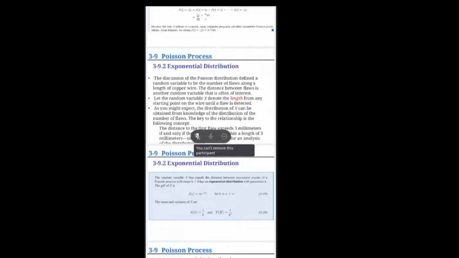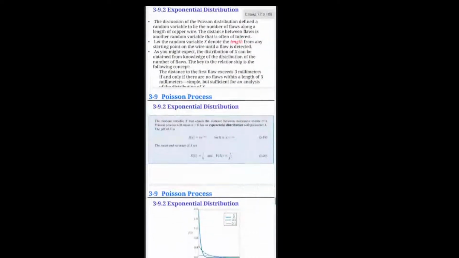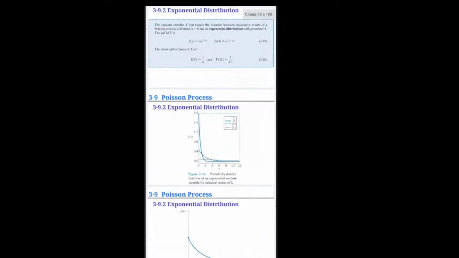Далі, якщо ми говоримо про розподіли, наступний розподіл – це експоненційний розподіл.